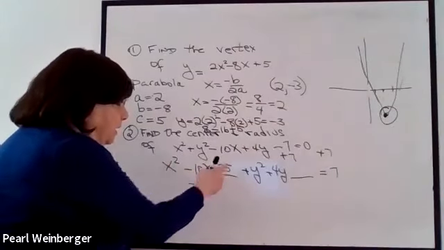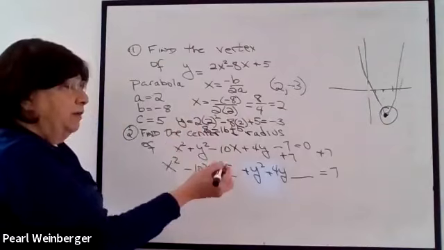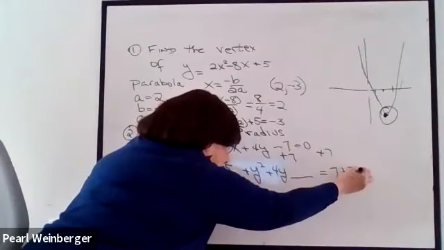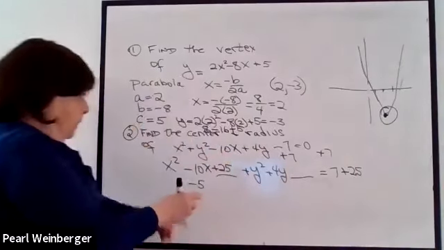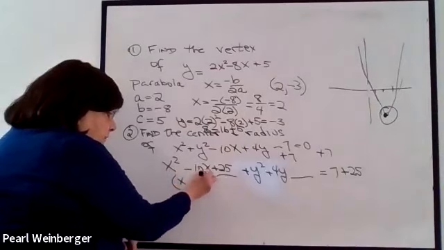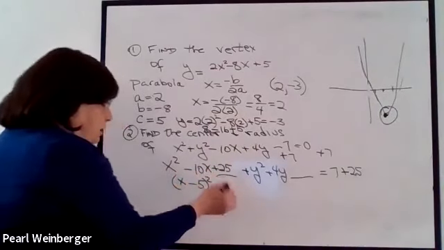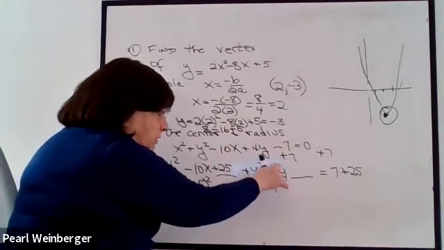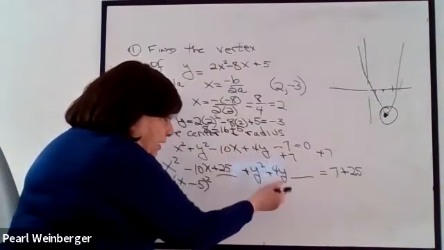Of course, whatever we add to the left side, we've got to do the same thing to the right side. So I'm going to add 25 over here. This has then become x minus 5 squared. Now we're going to do the same thing with the y's. We take the number in front of the y and divide it by 2.